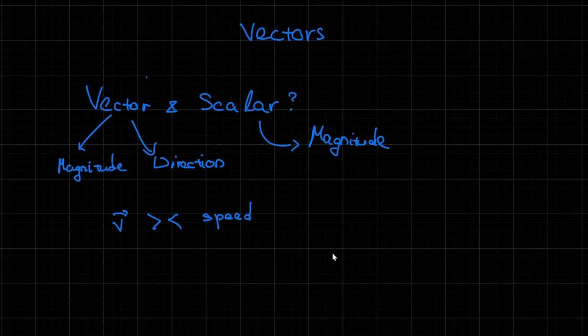So why do we need to know about vectors? Well, in physics, there are a lot of quantities that depend on both direction and magnitude, and their effects on other objects also depend on these two.